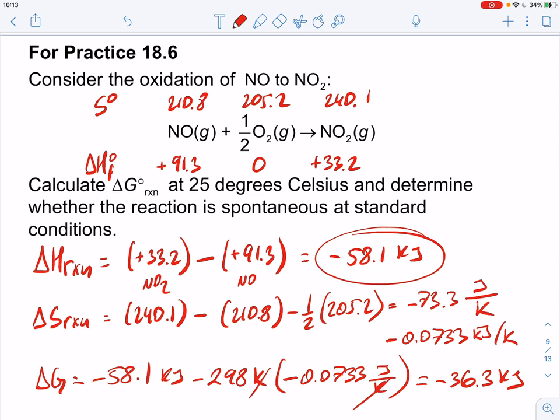You use enthalpy data, you use entropy data to calculate this with this equation, delta G equals delta H minus T delta S. Remember, the advantage of this equation is you can use different temperatures.